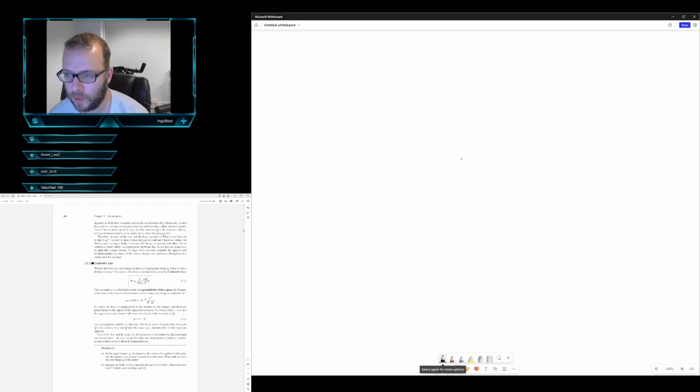So we have 12 equal charges Q situated on the corners of a regular 12-sided polygon.